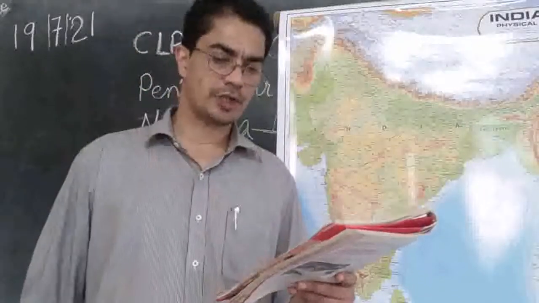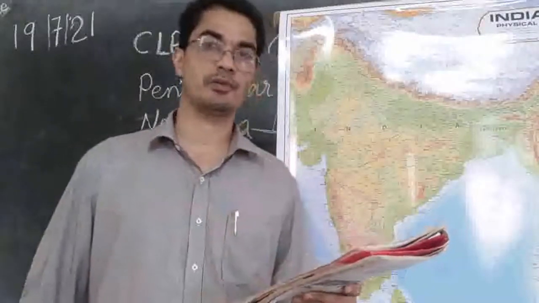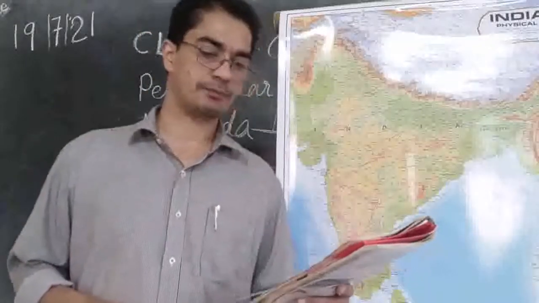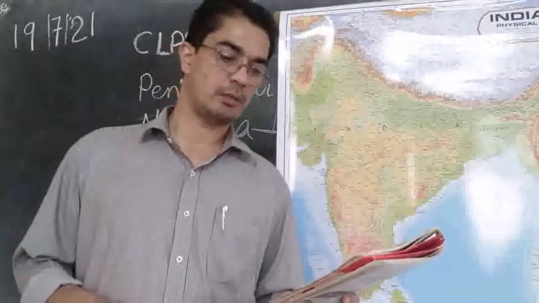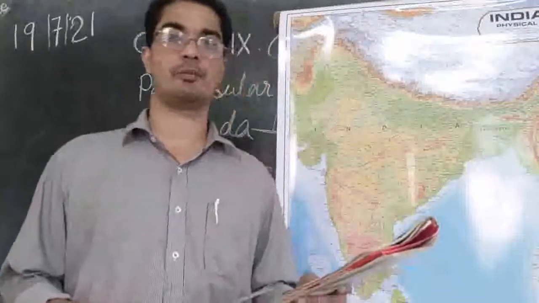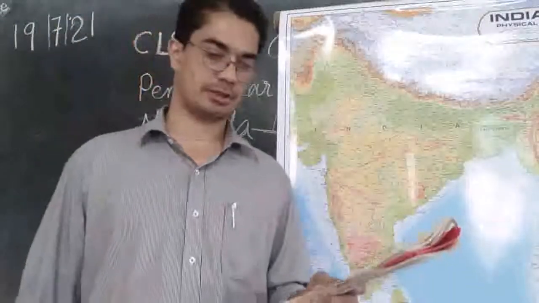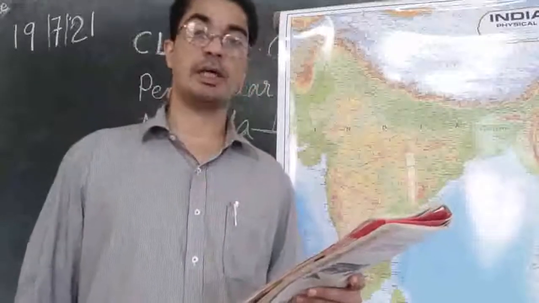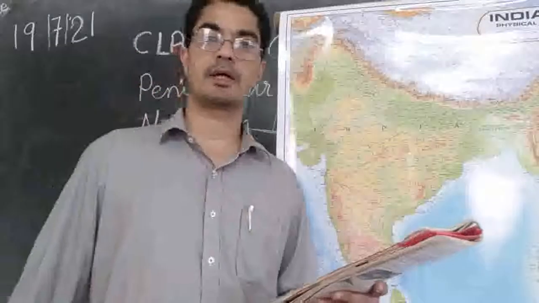Then the last three tributaries are very large. We said there are many tributaries, and the last three of them are the Manchra, the Wainganga and the Penganga. These three tributaries of the Godavari river are very large. And because of its length and the area it covers, it is known as Dakshin Ganga.